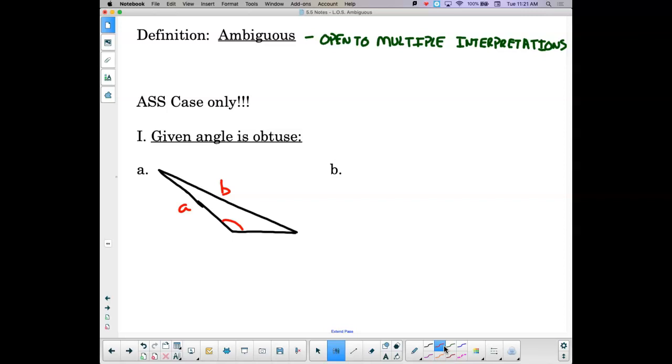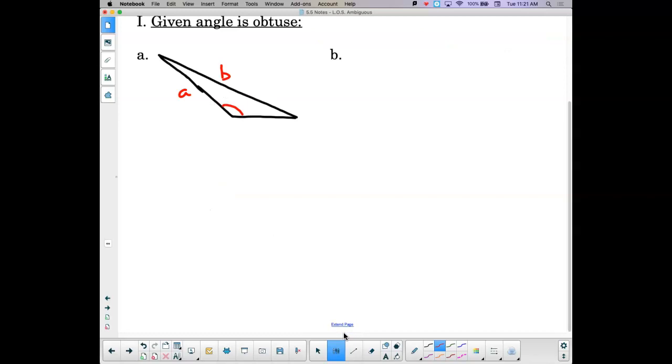So if your angle is obtuse and your opposite side is bigger than your adjacent side, or in this case, B is bigger than A, that's angle side side, obtuse angle, opposite bigger than adjacent.